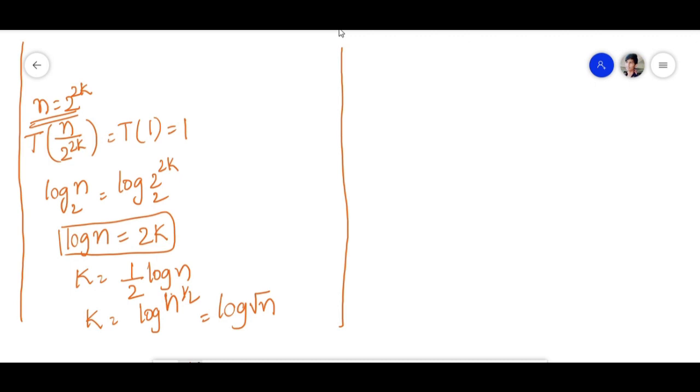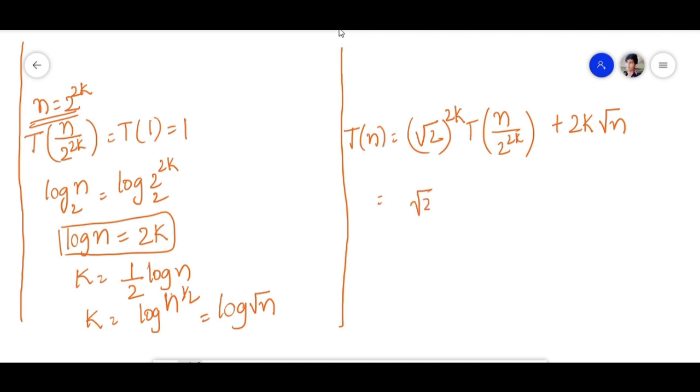Now consider the recurrence equation we got after 2k substitutions. T of n equals root 2 whole power 2k into T of n by 2 power 2k plus 2k into root n. Now substitute the values. We know the value of 2k equals log n. Then we get root 2 power log n into T of 1 plus log n into root n.